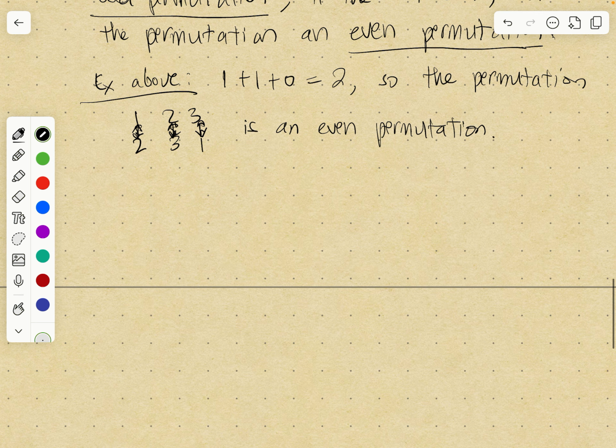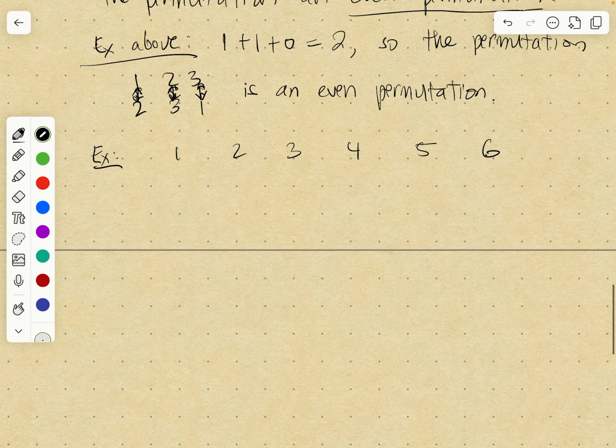Let's look at another example. So let's say that you had the integers from 1 to 6, and you had this ordering 2, 5, 1, 3, 6, 4. So you have this permutation. Is the permutation even or odd?